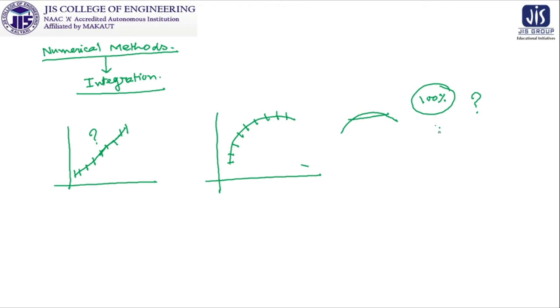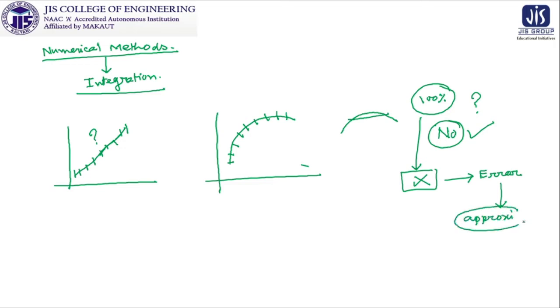If your answer is no, then your answer is correct. And because of this no, we are not getting 100% accuracy. It indicates there will be some error, and it indicates we need to choose our approximations based on some logical representations or logical thinking, which gives the classifications of numerical methods.